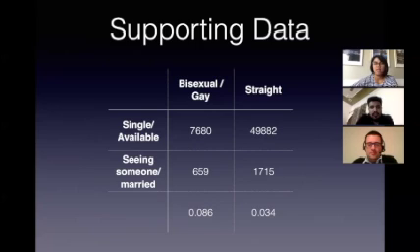However, the ratio is the important thing here. So for those site users who identify themselves as bisexual or gay, the data says that 1 in every 12 site users are actually seeing someone or married or just in a relationship, whereas only 1 out of 33 people who identified themselves as straight are currently seeing someone.